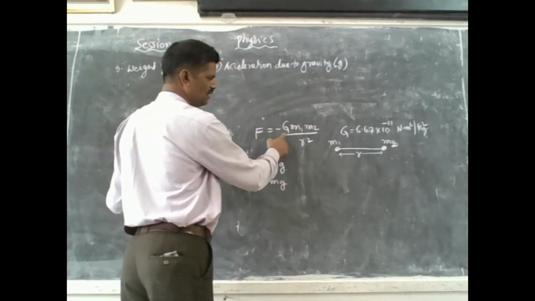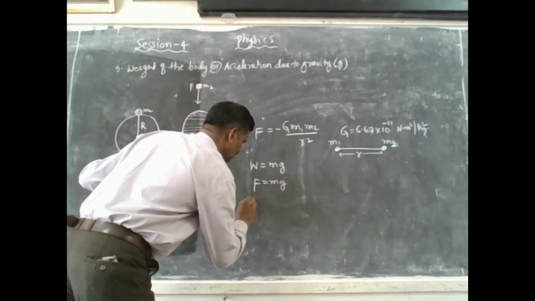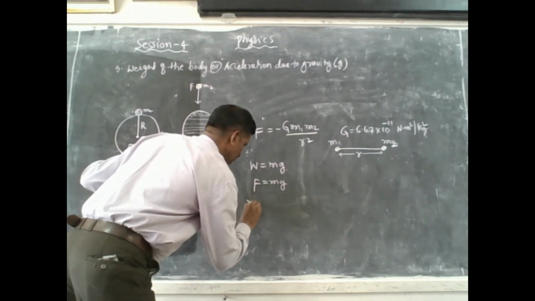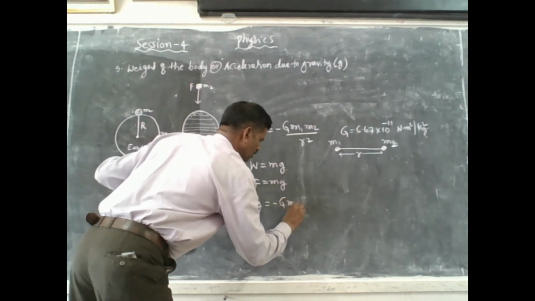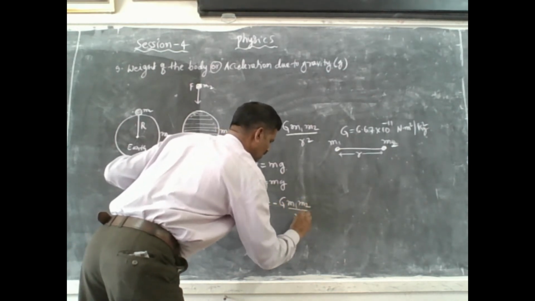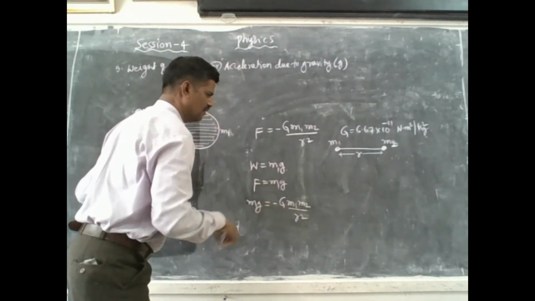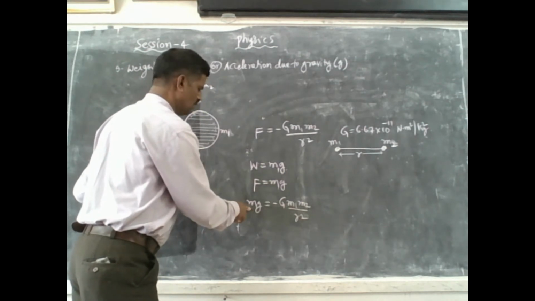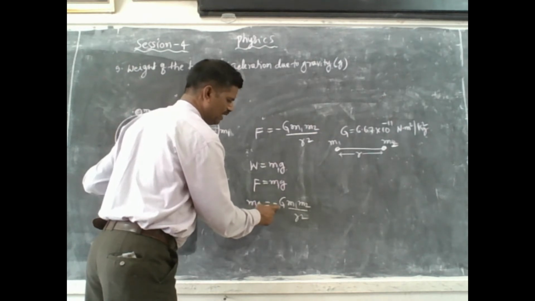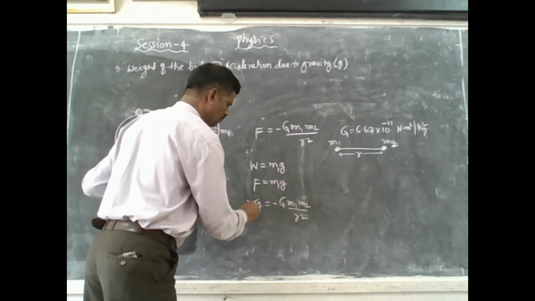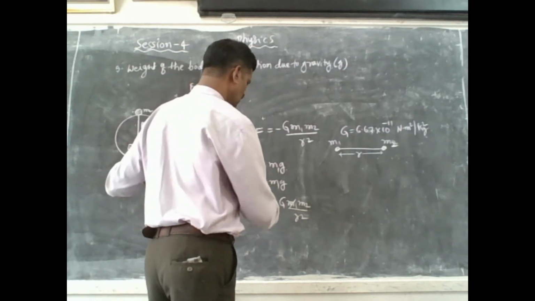But F is equal to what? Minus G m1 m2 divided by r square. So F equals mg equals minus G m1 m2 divided by r square. Here m1, here also m1. So m1 g is equal to minus G m1 m2 divided by r square. m1 gets cancelled. So what is the remaining here?